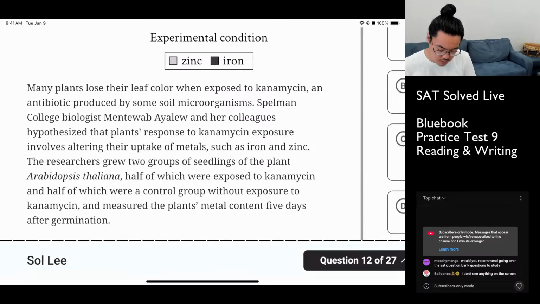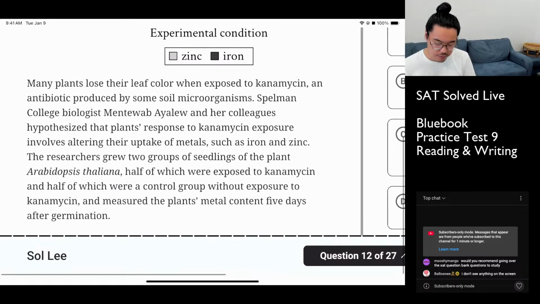Many plants lose their leaf color when they have K. Oh, okay, so there's actually a cost to that, by the way. If the plant's response to K involves altering their uptake of metal, I see. There are two groups of seedlings, and half were a control group.